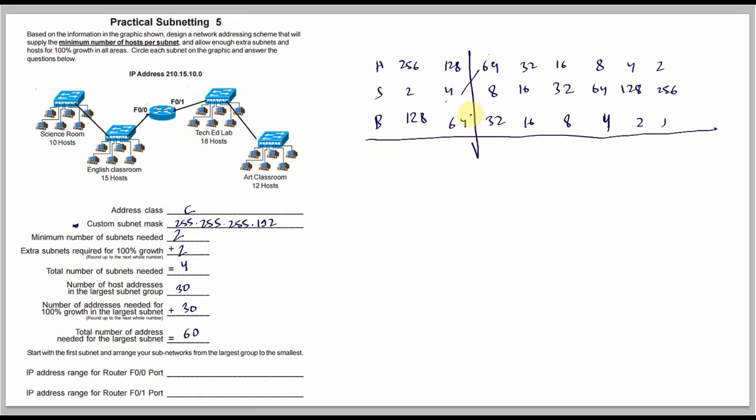Well, not 64. The network and the broadcast, we can't use them, so 62 possible usable IP addresses. Alright, so now, I forgot to mention this. See this 64 right here? The bits we borrowed, remember?